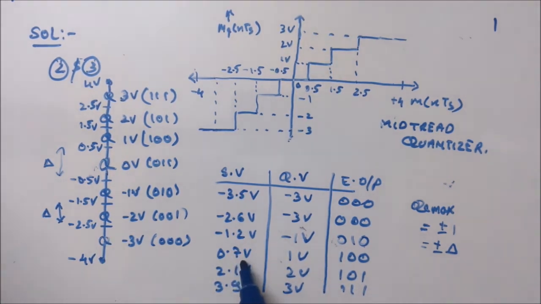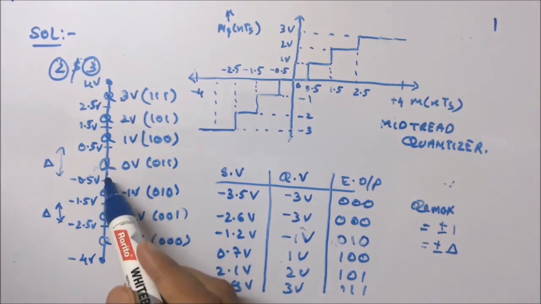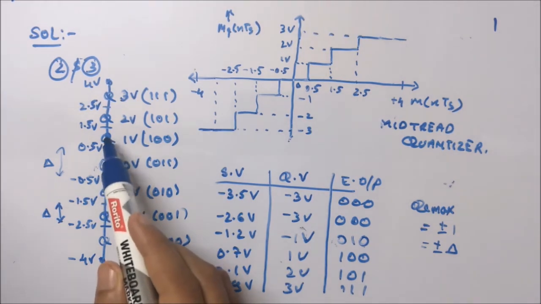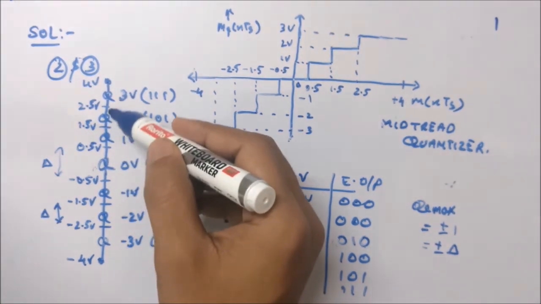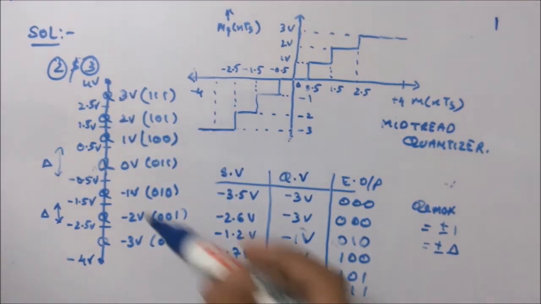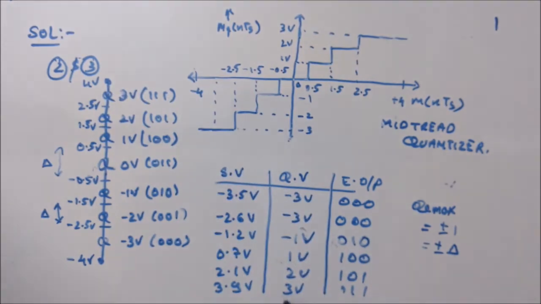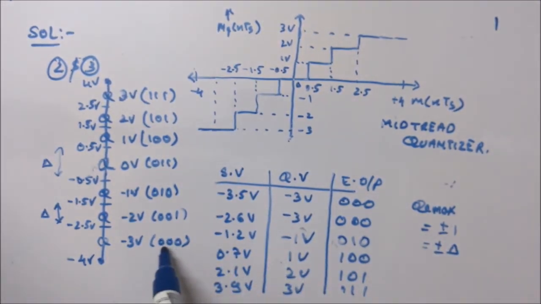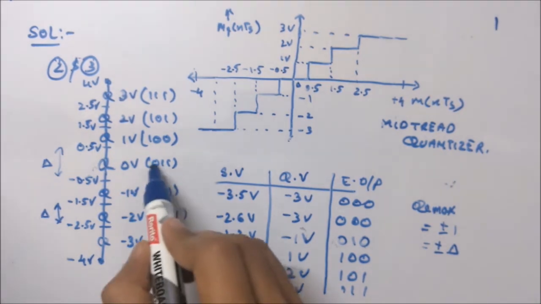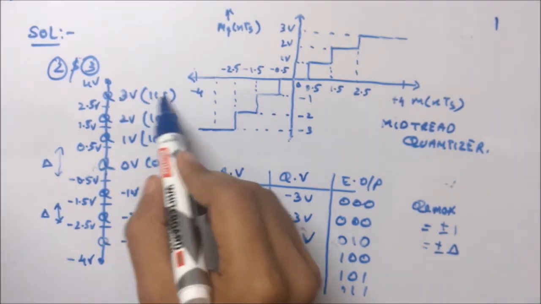Then 0.7 lies in this range, 0.5 to 1.5, so that is why 1 volt. Then 2.1 volt lies in this range, that is why 2 volt, and 3.9 lies in this range, that's why 3 volt. And the encoded outputs you can see: 000, 001, 010, 011, 100, 101, 111.